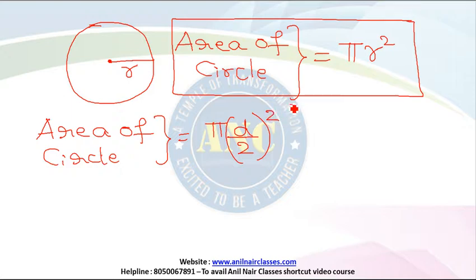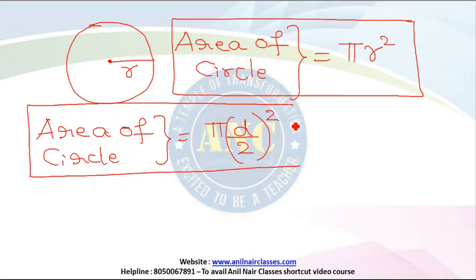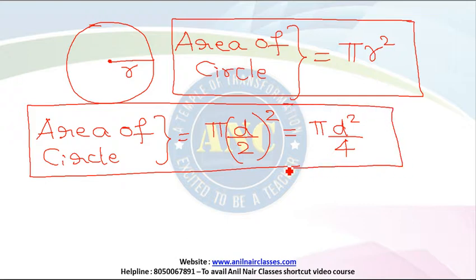So it is pi into d by 2 whole square, or in simple language pi d square by 4. That is the area of the circle in terms of its diameter. In terms of radius, which we are already aware of, the area of the circle is pi r square.